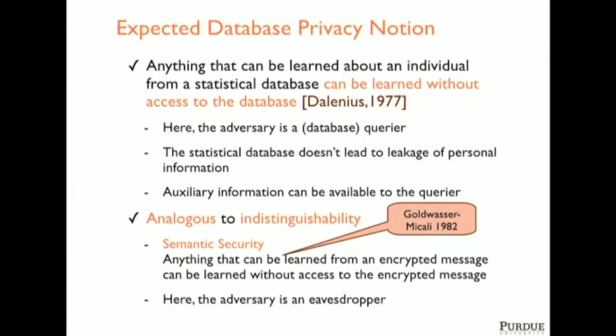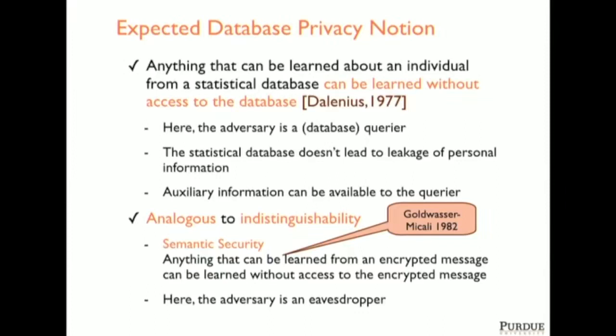It says that anything that can be learned about an individual from a statistical database can also be learned by the adversary without having access to this database. So if something is something you already know about this particular individual without using the statistical information, then the statistical information should not increase your information regarding this individual.